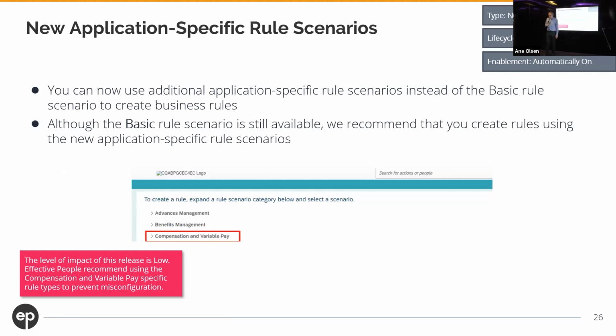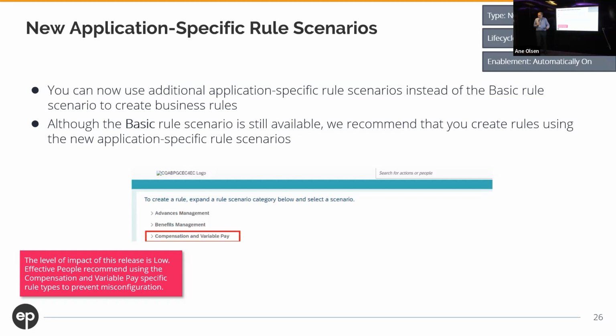Any one of you remembering what I told you the last time about business rules? Because we talked a lot about business rules last time, that they were going away from the general. So it wouldn't be a general one, the rules would be more or less grouped into, that's easy rules, it could be time rules, it could be whatever. Now we have come to the ones where it's about compensation or variable pay.